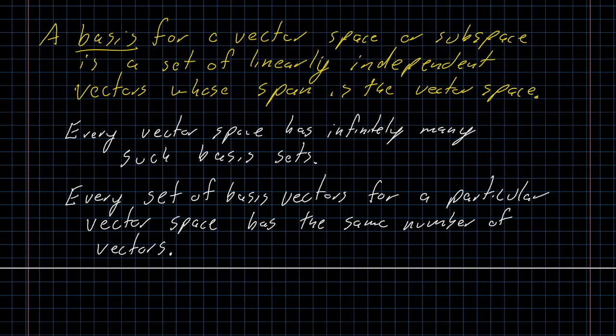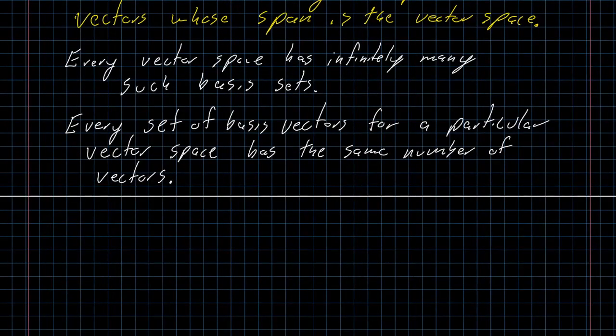The properties of any vector space are such that there is a specific required number of basis vectors. If you have more vectors than that, it is not linearly independent. If you have fewer vectors than that, it does not span the entire vector space. That is something we're going to come back and prove quite a bit later in the course. For right now, we're going to take it as gospel because it does allow us to define that important characteristic.